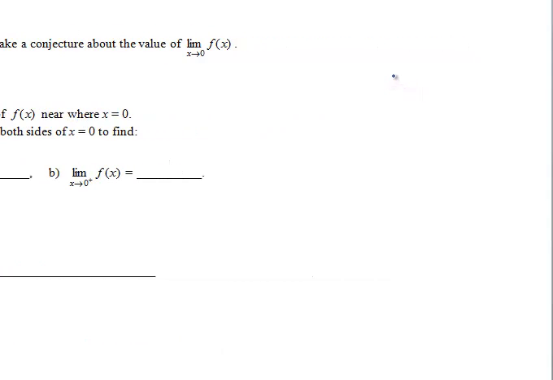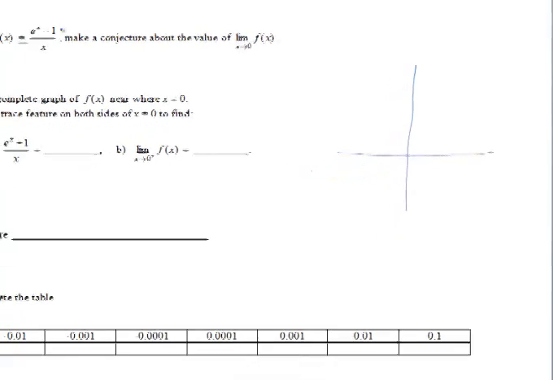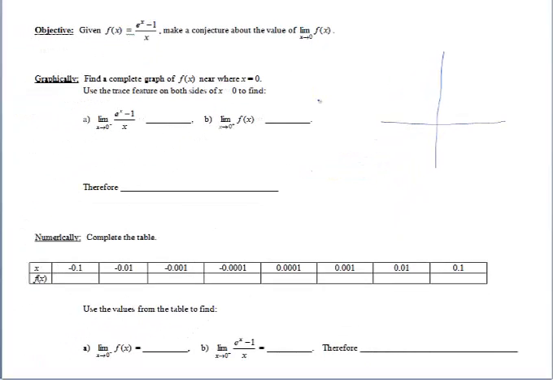Alright, find a complete graph of the function near where x is 0. So if you want to take the time and maybe pause the video and go to your calculator and type this into y1, or any open y equals register you have, you're going to observe some kind of graph that looks like this. Okay, and you're going to think, okay, that's nice and good. That's a nice exponential. Makes sense because we have the natural exponential function in this equation.